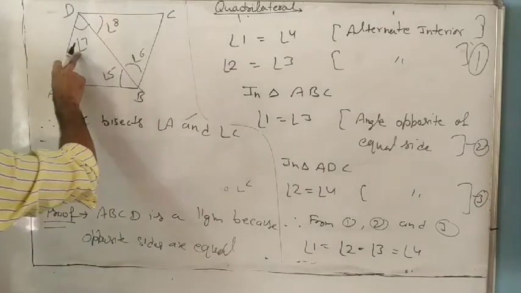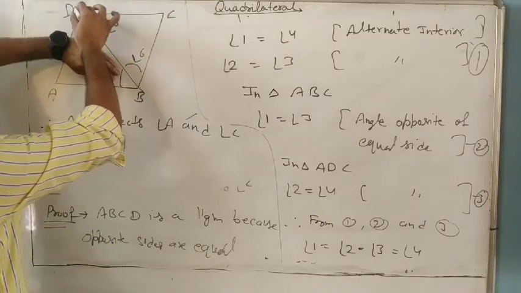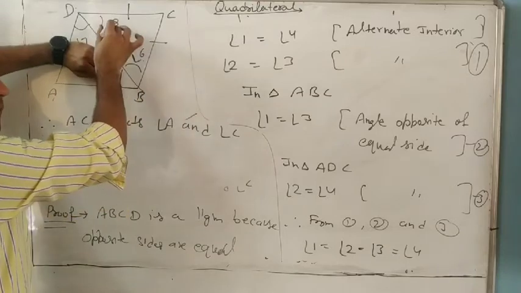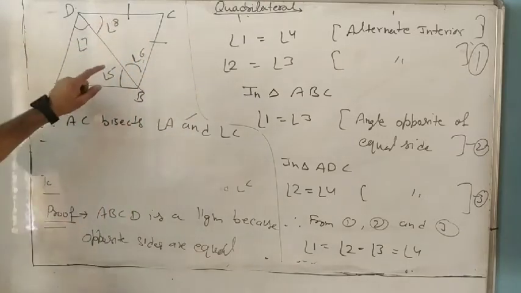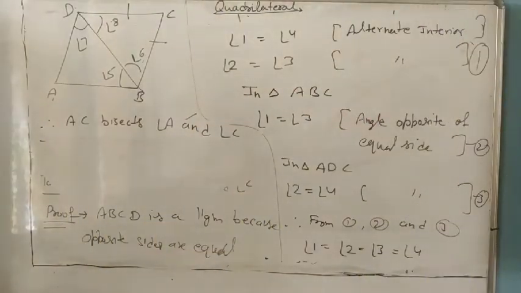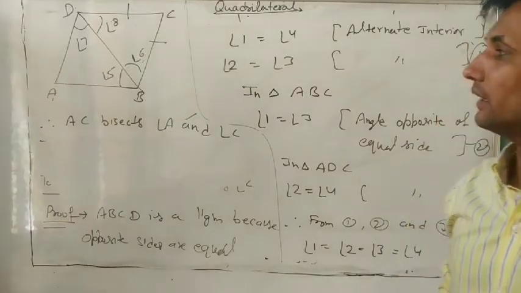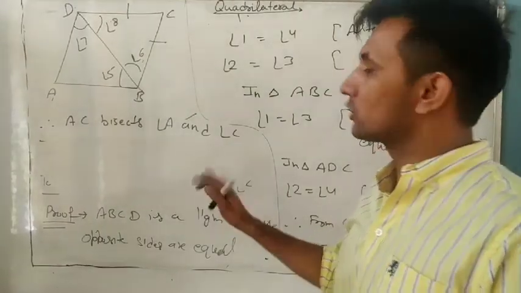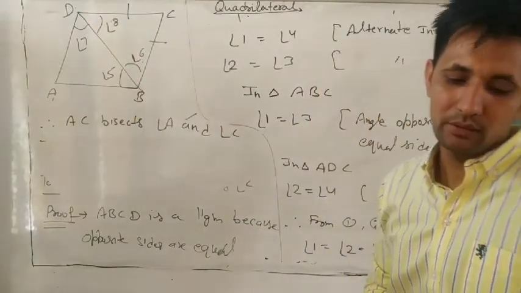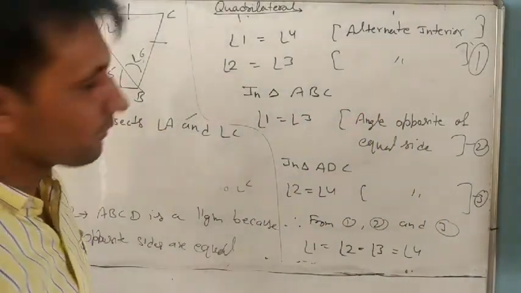Angle C equals angle 7, angle 5 equals 8. Angles on this side and this side are equal, so angle 6 equals angle 8, and angle 5 equals angle 7. Same as before, we prove that angles 5, 6, 7 and 8 are equal. If angles are equal, it means BD bisects, same as the first part. Thank you everyone, and do try question number 8 yourself. Thank you everyone. Have a nice day.